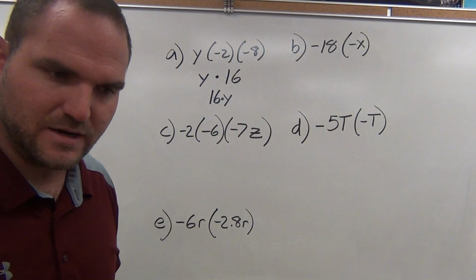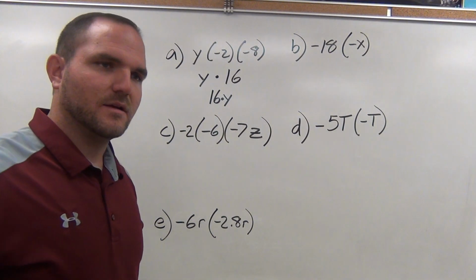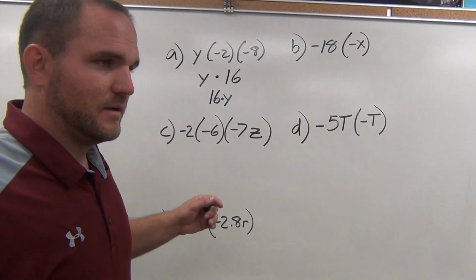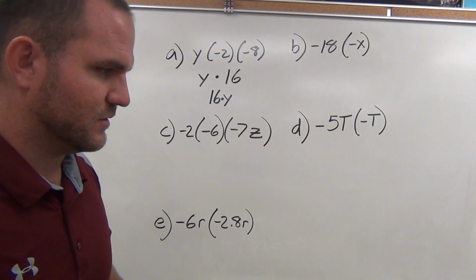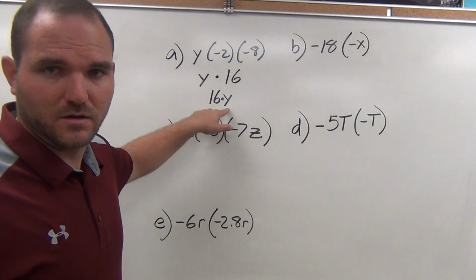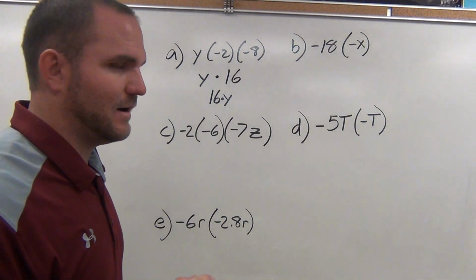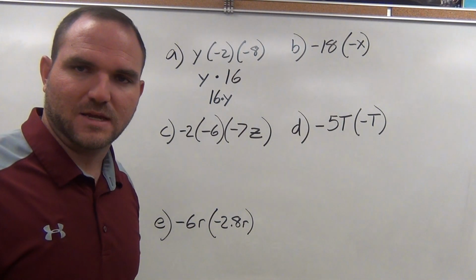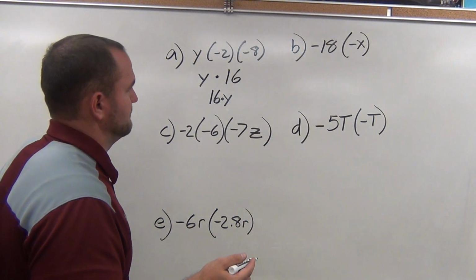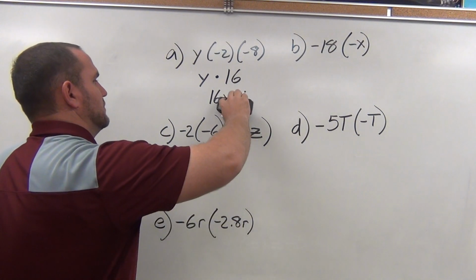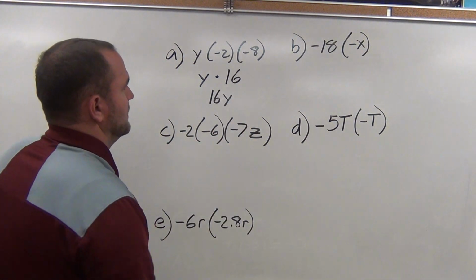And so they'll just stick it right next to each other. And that's why in my previous video with substitution of adding real numbers and subtracting real numbers, when you find that number, put parentheses there, and that will help you to remember that that is a multiplication. Okay, so 16y.